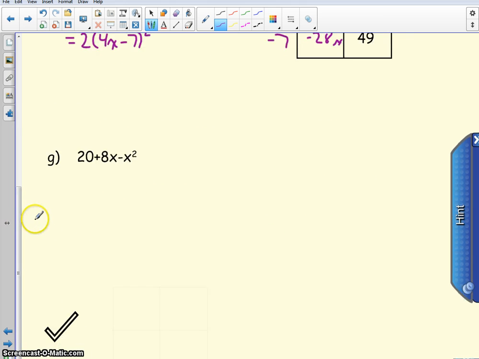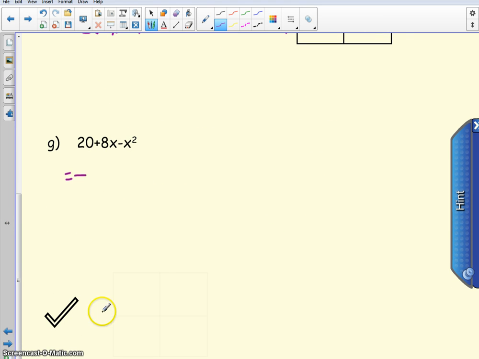Okay, last but not least for this one over here, you may want to rewrite it so it's in standard form, descending order of power. So you'll have negative x squared plus 8x plus 20. One thing I strongly suggest, to make our life a little bit easier, is that it doesn't look like there's a common factor here, but you always want to try and factor out a leading negative 1 whenever you can.